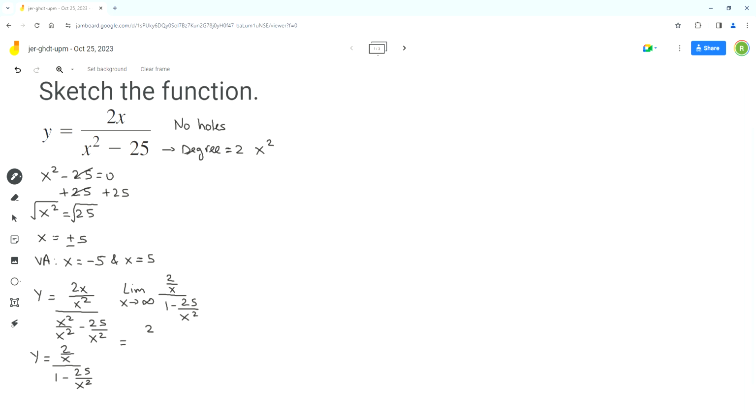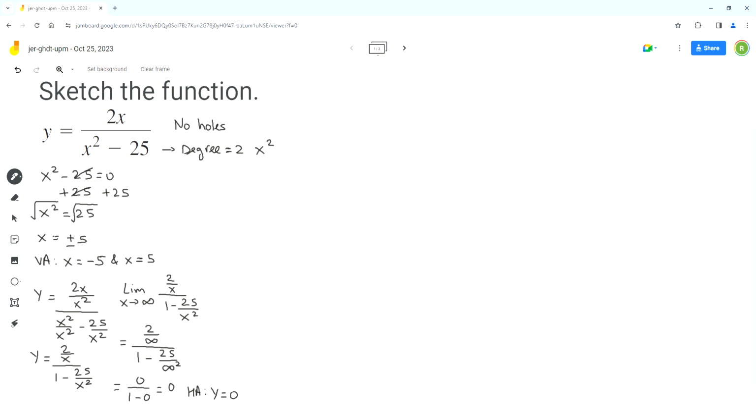So we get 2 over infinity over 1 minus 25 over infinity squared. Now we know that 1 over infinity is 0, so that will make the numerator equal to 0, and in the denominator 25 over infinity squared becomes 0, so the overall value is 0 over 1, which is equal to 0. That means the horizontal asymptote in this function is y equals 0.